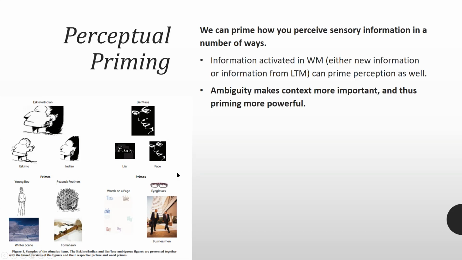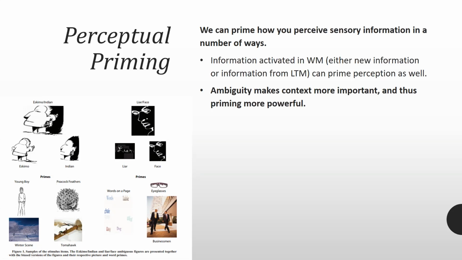And so more times than not, people that are primed with words on a page see liar in this ambiguous image because they're primed to read letters, whereas people that are shown things that have to do with a face typically report seeing a face since they were primed with that.